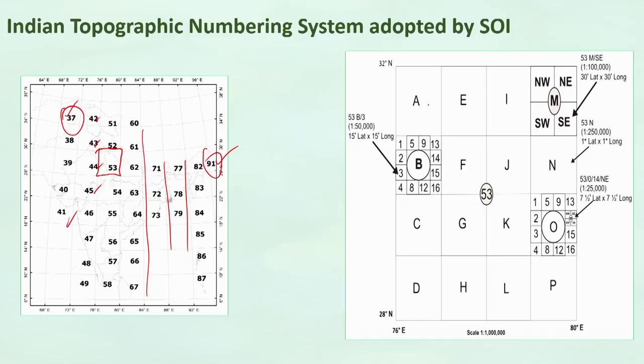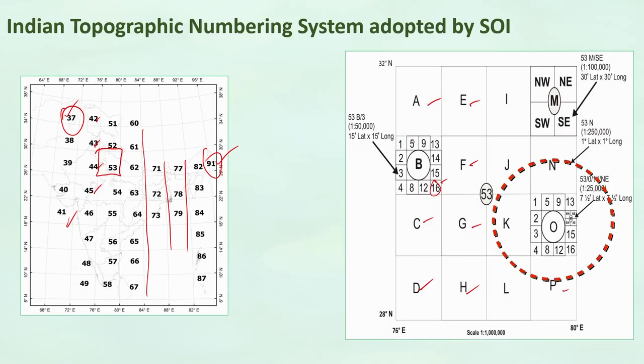Each subpart will be named with an alphabet: A, B, C, D, E, F, G, H, I, J, K, L, M, N, O, P, like that. Then each alphabet, that small grid, will be subdivided again into 16 small grids, 1, 2, 3, 4, 5, 6, 7, 8, 9, 10, 11, 12, 13, 14, 15, 16.